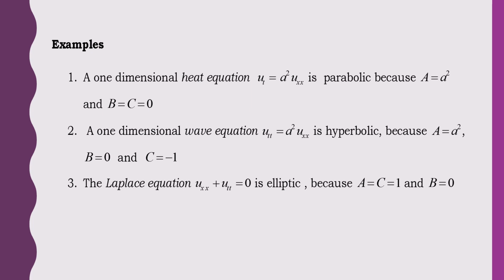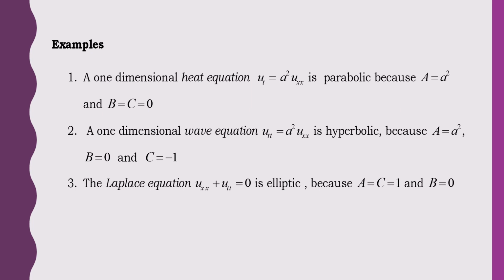If we compare this equation with the general form A u_xx plus B u_xt plus C u_tt plus D u_x plus E u_t plus F u equals 0, we get capital A equals a square, capital B equals 0, C equals -1. We require these values to find the discriminant b square minus 4ac.